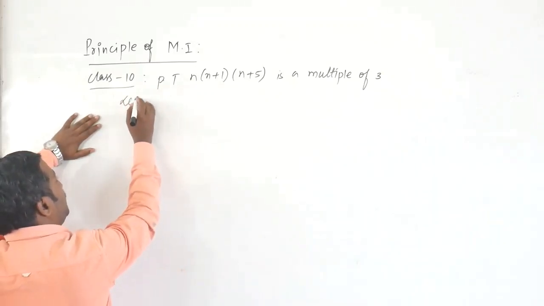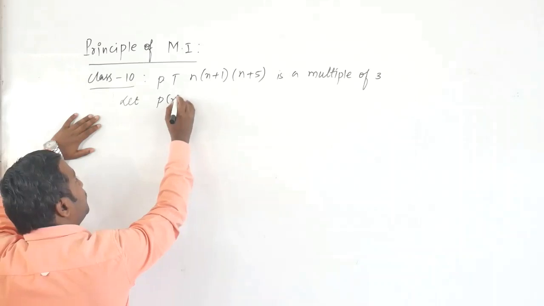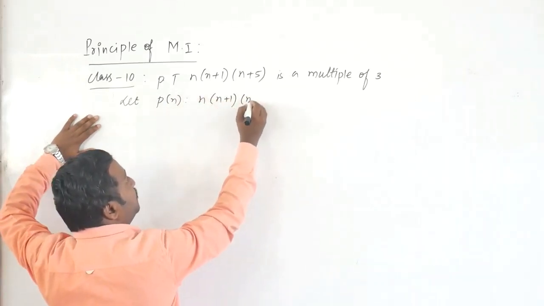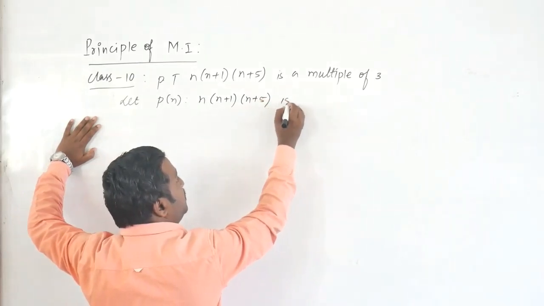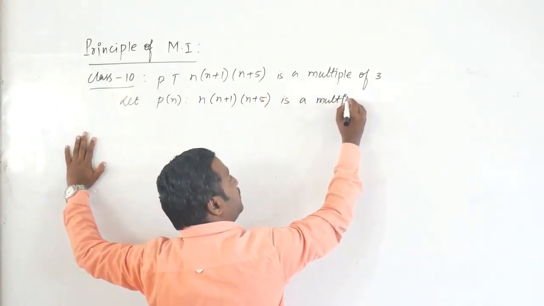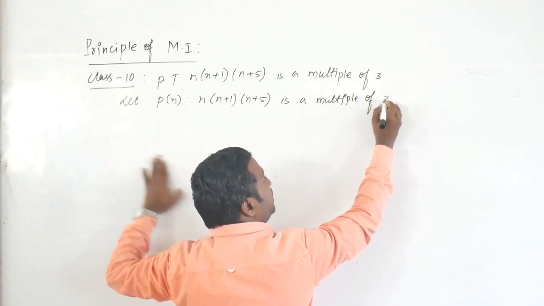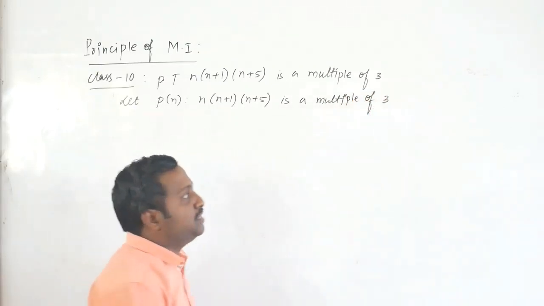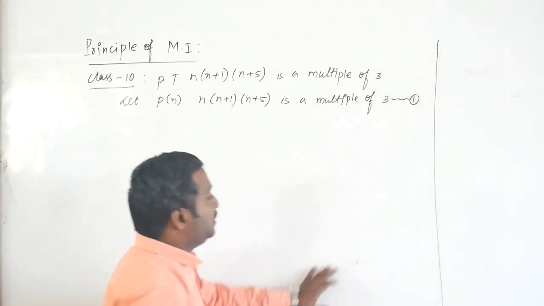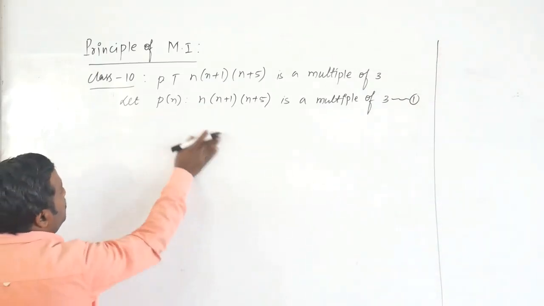Let us take the statement P of n: n into bracket n plus 1 into bracket n plus 5 is a multiple of 3, which is the same as divisible by 3. So this is the statement, let us take this as equation 1.